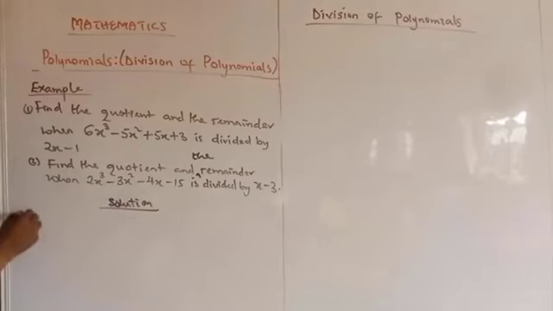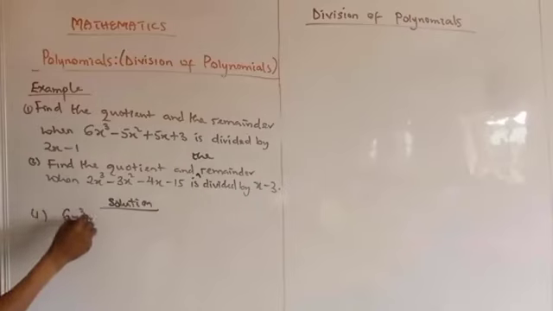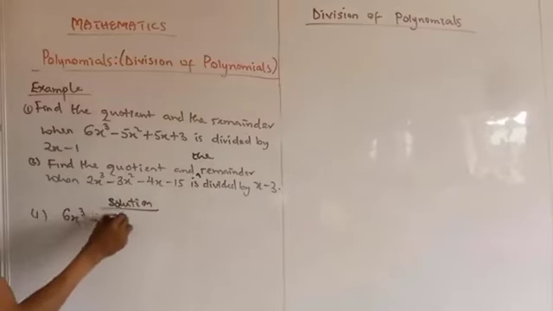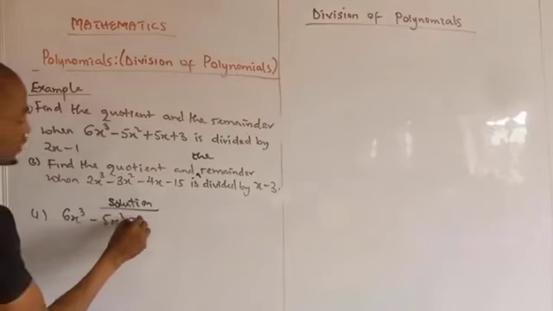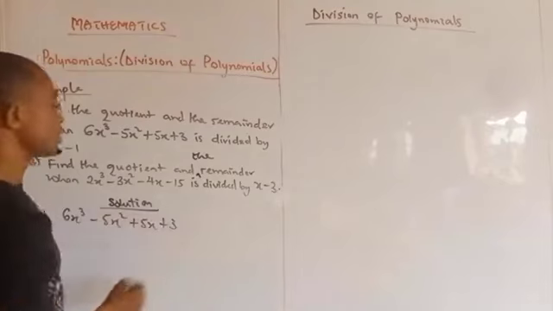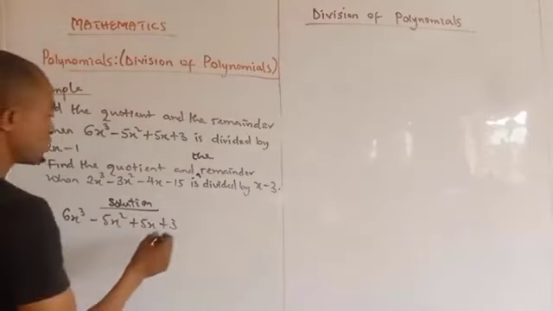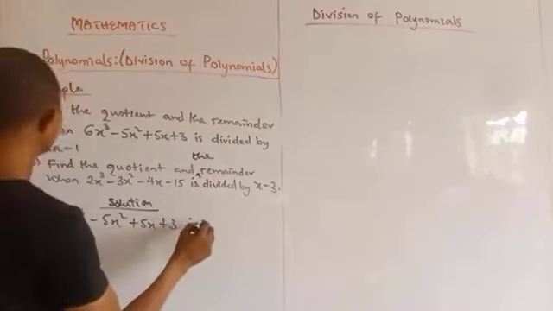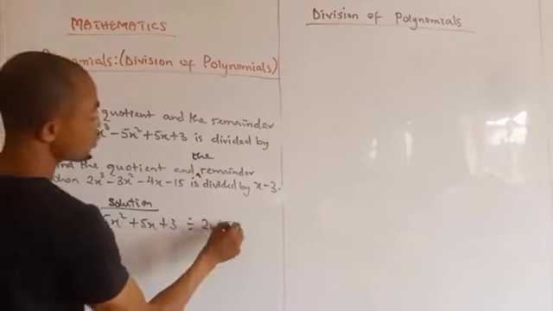The first one we are given is 6x cubed minus 5x squared plus 5x then plus 3, then divided by 2x minus 1.